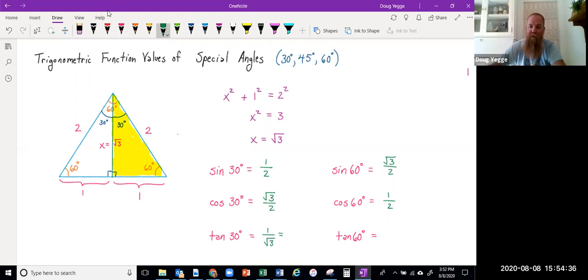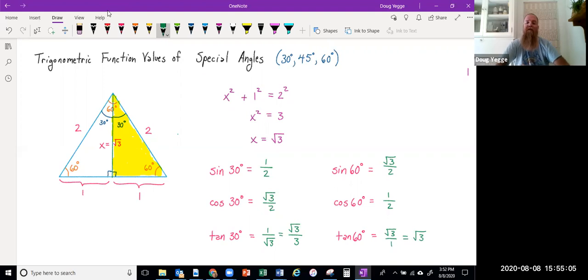So we would multiply numerator and denominator by √3, which now means that there's a different form. Tangent of 30 degrees is actually square root of 3 over 3. How about tangent of 60? Well, tangent of 60 is opposite over adjacent, which is √3 over 1. So √3 over 1 is simply √3.